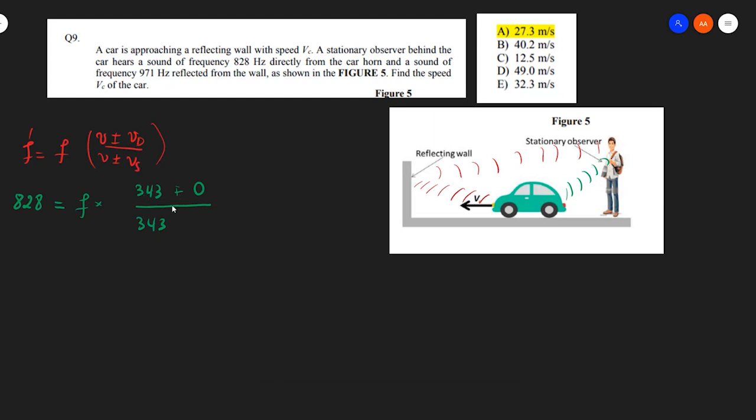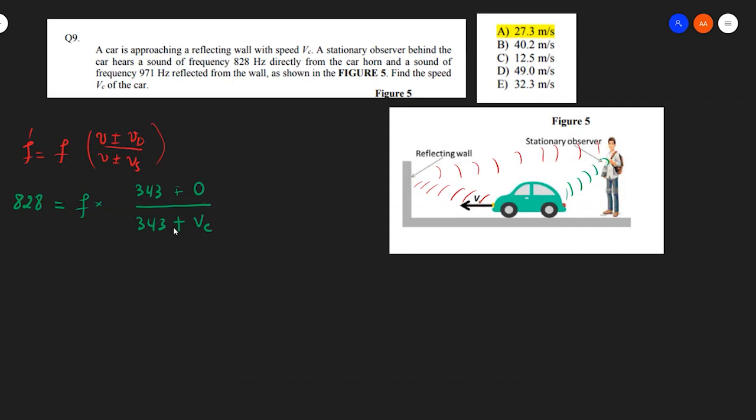Now for VS, for the source, it is the car. Since the car is moving away, it will decrease the frequency. Whenever the source is moving away, it decreases. In order to decrease, I need to put here plus V of the car.